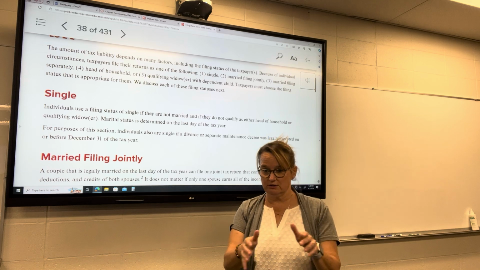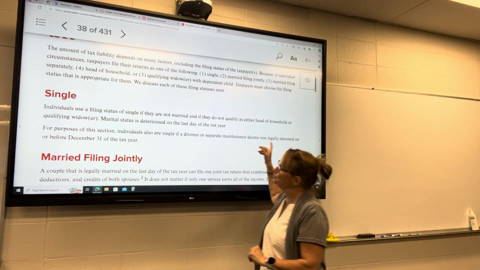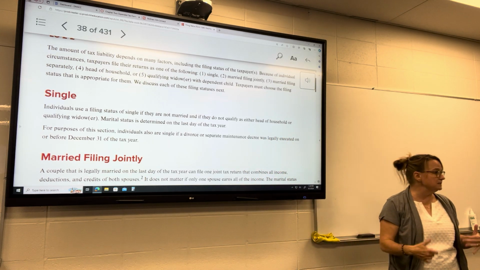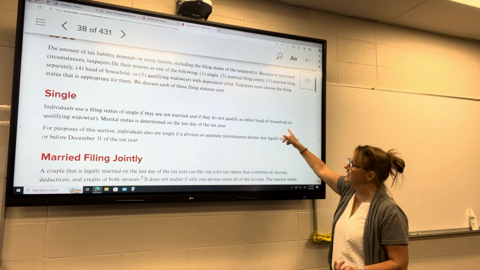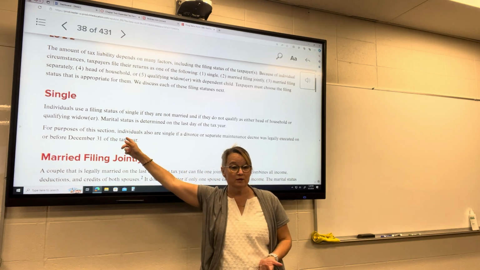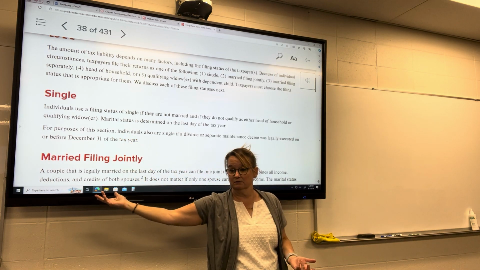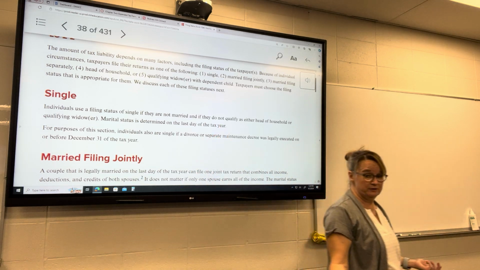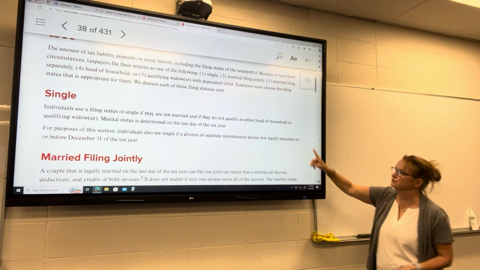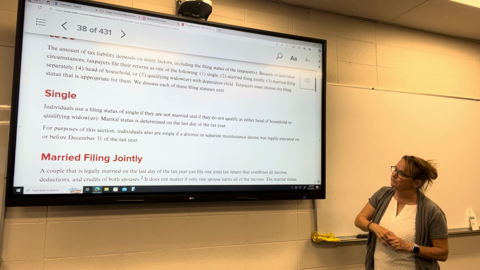Okay, it's the least generous. So if you had a client who came in and said that they were single, you'd want to make sure that they don't qualify for head of household or qualifying widow or widower before you filed them as single. Because if they do qualify for one of those, it's more advantageous for them to do so. Okay, and we'll talk about those other ones as well.